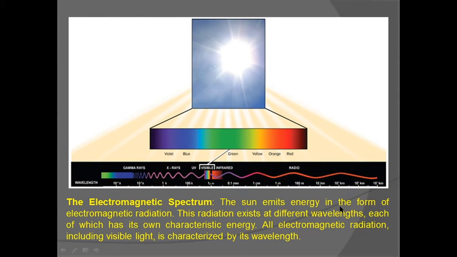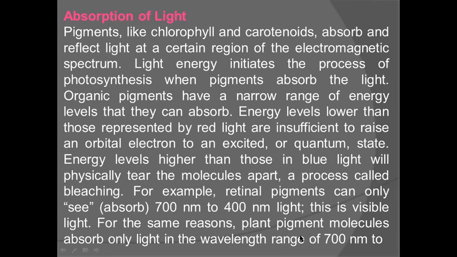The Sun emits energy in the form of electromagnetic radiation. This radiation exists at different wavelengths, each of which has its own characteristic energy. All electromagnetic radiation, including visible light, is characterized by its wavelengths. Absorption of light.